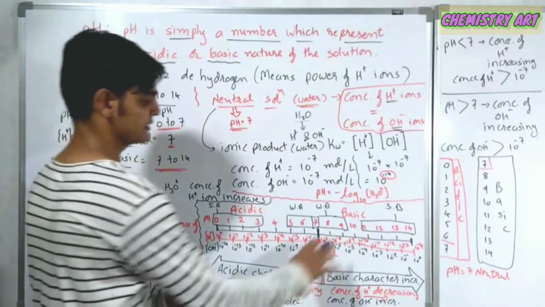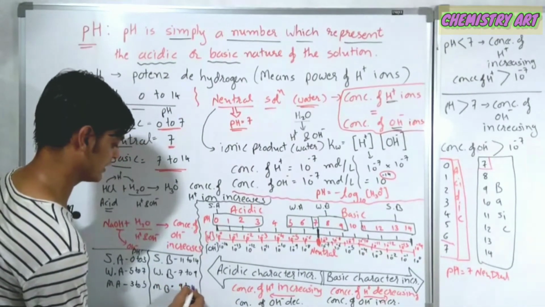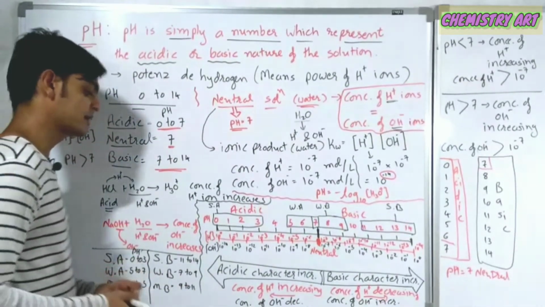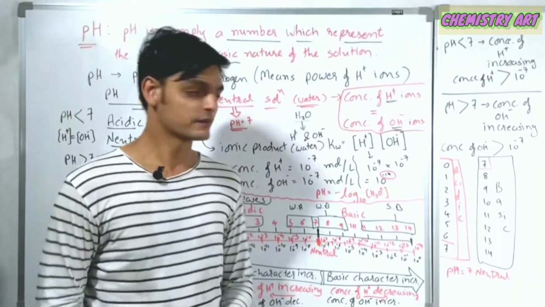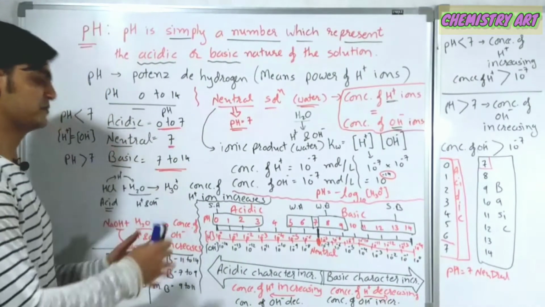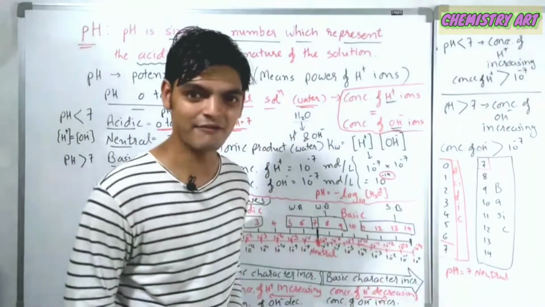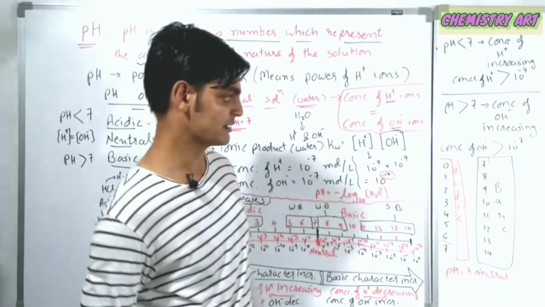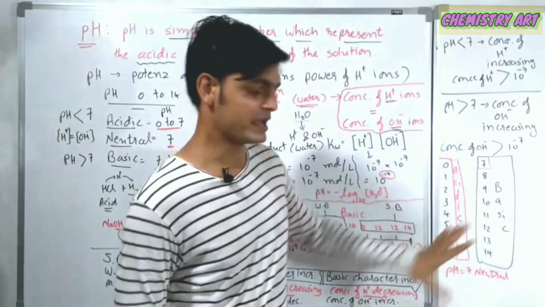And if the pH is 9 to 11, then it is known as a moderately basic solution. So I hope you understood what pH is. Just very simple. Remember, 0 to 7 means acidic, 7 to 14 means basic.